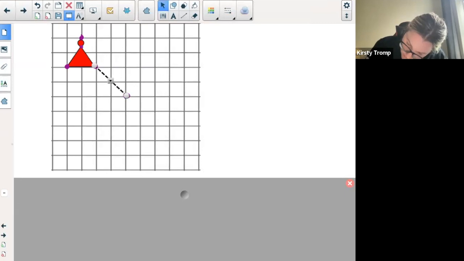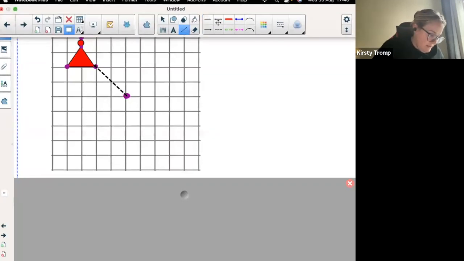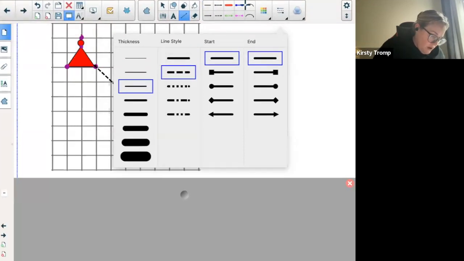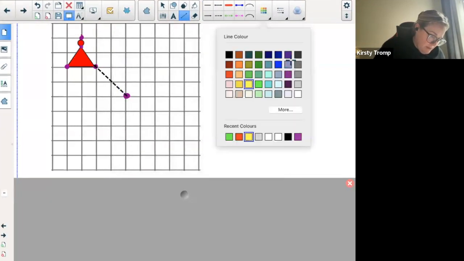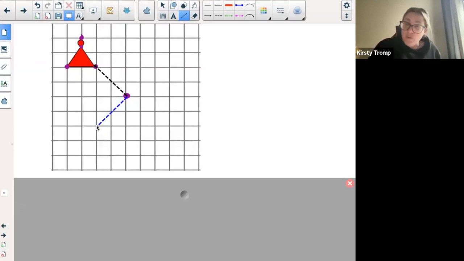Let's draw a new arm. Sorry, everybody. My new arm, I'm going to make him in blue for you. So there he is. 90 degrees from that point, he would be over there. How do I know that's 90 degrees?